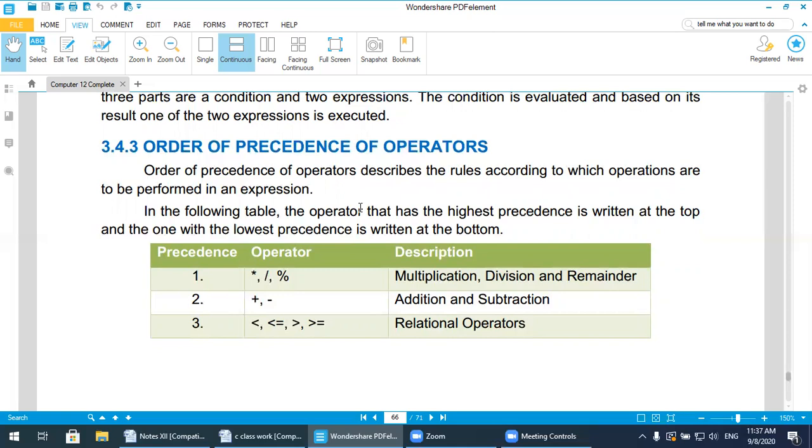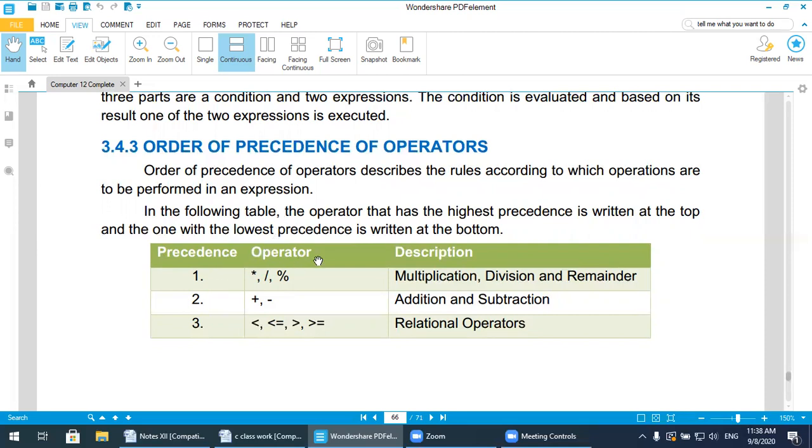But here in C++, we discuss many different operators, so the priority of operators is also different in C++. If all operators are present in an expression, which should be solved first? I will solve an example as well.